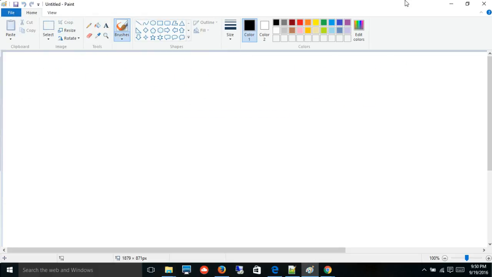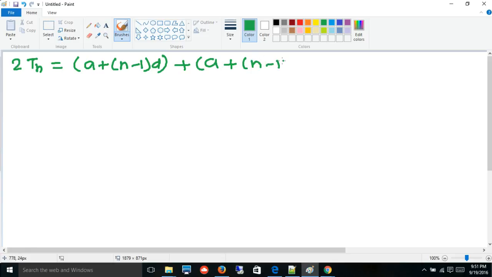So in our case, what we got is 2Tn equal to 2a plus (n minus 1) into d, plus again 2a plus (n minus 1) into d, plus and so on till the last term. So how many terms were there in this series?